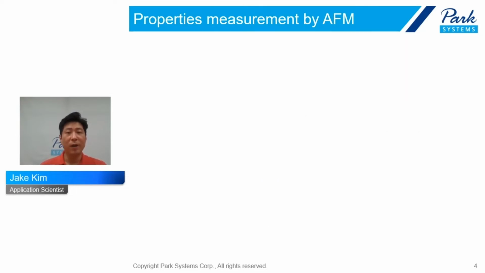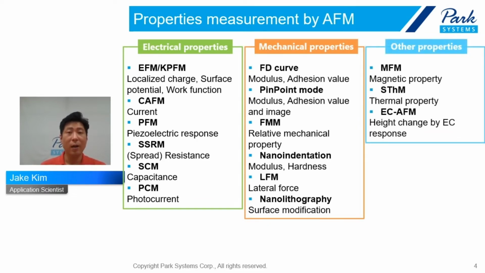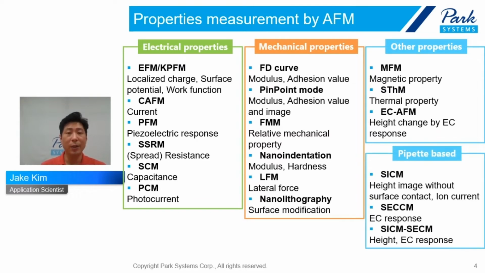Together with the topographical information, electrical, mechanical, magnetic, thermal, and other properties can be investigated using AFM. In this slide, for electrical properties, we can measure the localized charge or surface potential, and we can also measure the current, piezoelectric response, and other electrical properties.